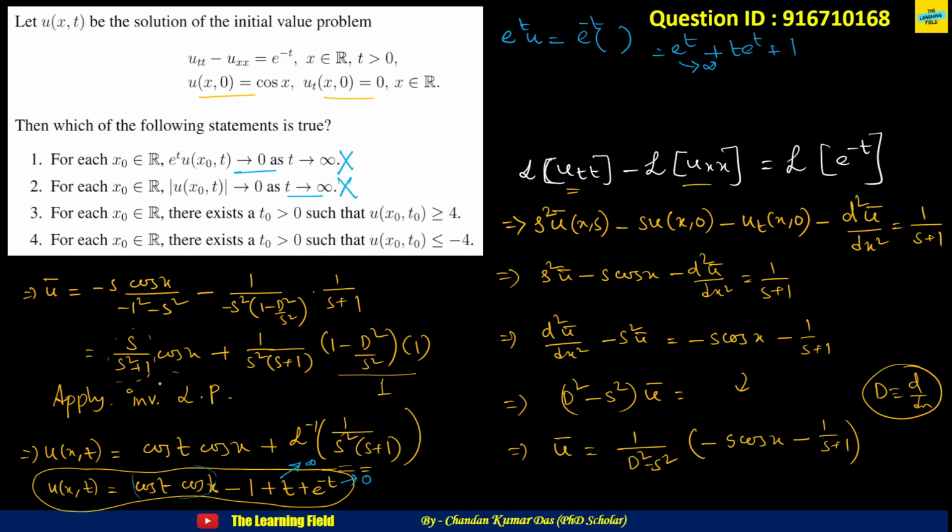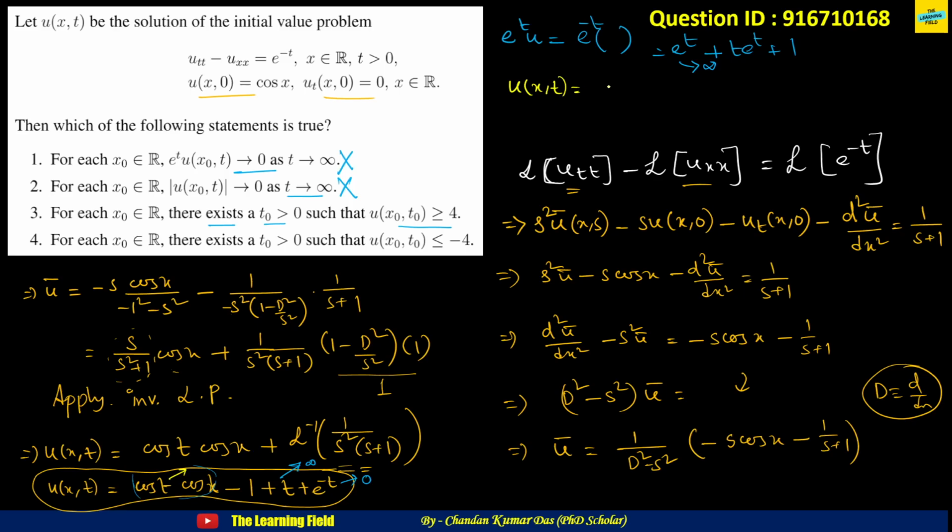Now option C says that for each x naught greater than r, there exists t naught greater than 0 such that u(x naught, t naught) is greater or equal to 4. How can we see that? See, the first term is bounded, so we can write that it is less equal to 1, so the maximum value is 1.